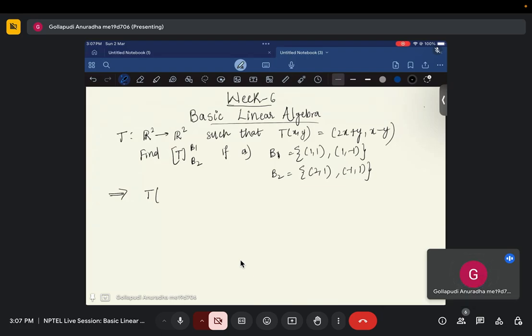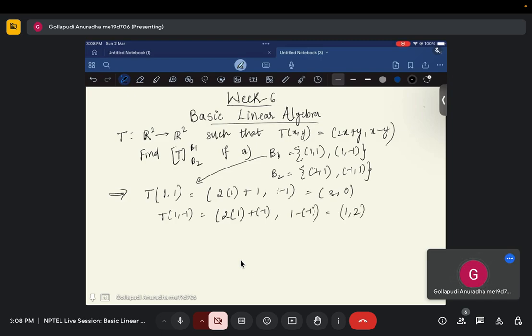So first we'll substitute the first point from basis 1 here, and we'll find the transformation, which will give me (3, 0). And for the other point, this is going to give (1, 2).